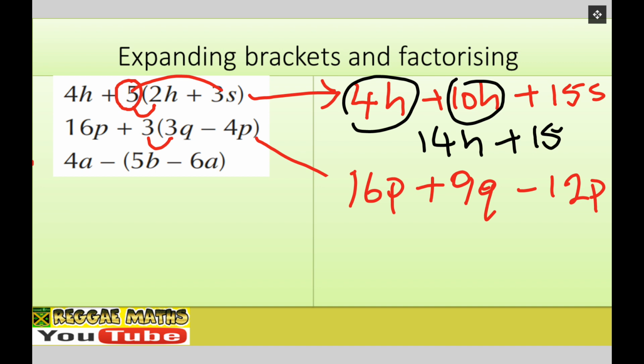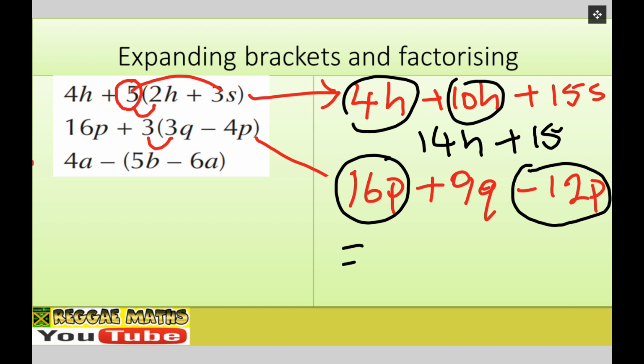So the like terms here are 16p minus 12p. So the answer is going to be 4p plus 9q.